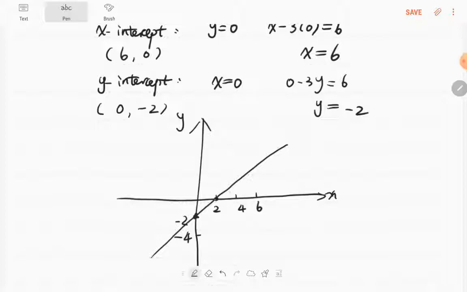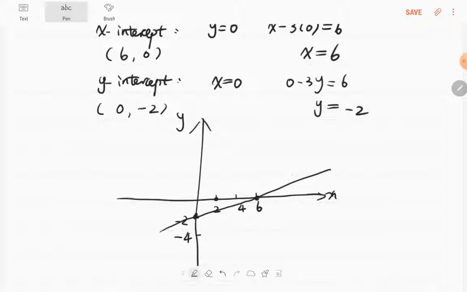Oh, sorry, it's 6. Go back. So the x-intercept is not this one. It should be (6, 0). So this is the x-intercept. This will be the line. We can just use these 2 intercepts to help us draw the straight line.